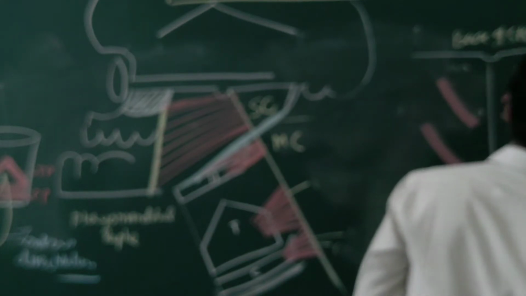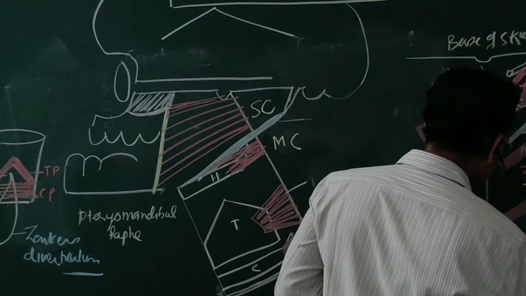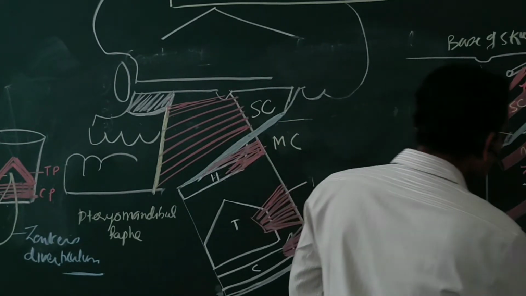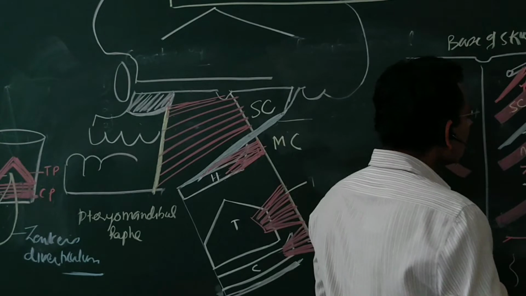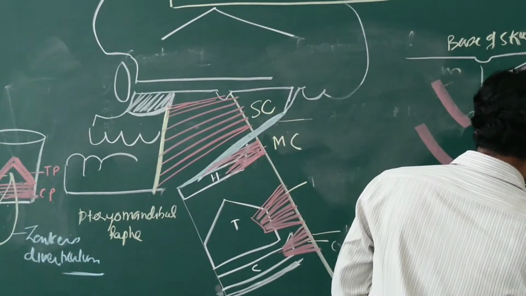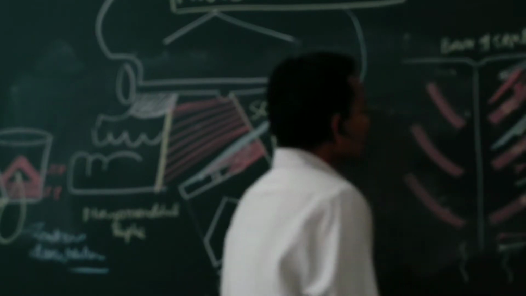Between the inferior constrictor and the esophagus pass the inferior laryngeal artery, a branch of the inferior thyroid artery, and the recurrent laryngeal nerve.